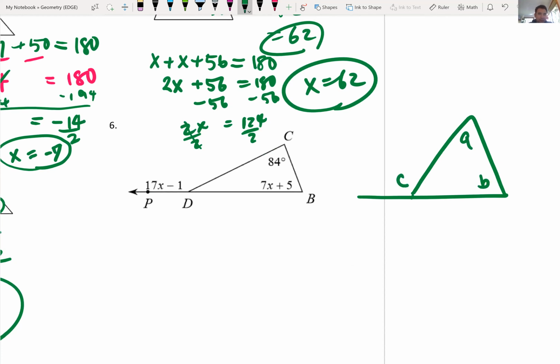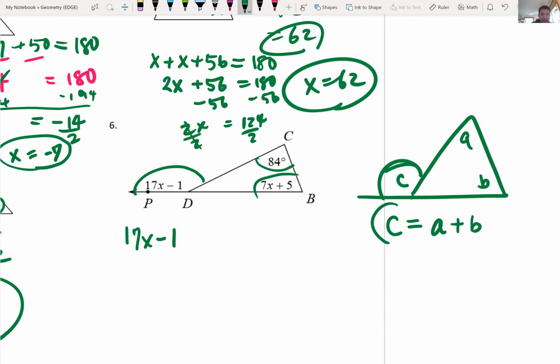Again, the rule that you need to be using is C, the exterior angle, is equal to A plus B. That means this is a C, isn't it? And this is A and B. So the equation will be 17x minus 1. That's a C, right?